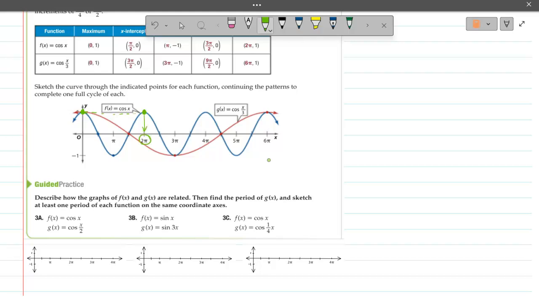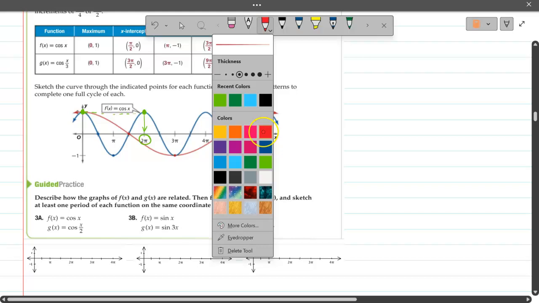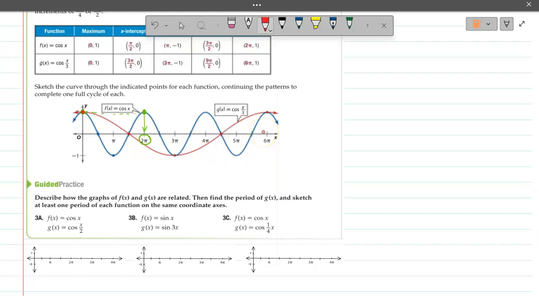So the period of the cosine function is 2 pi, and then it repeats. But the period of cosine of x over 3 is not 2 pi. Notice, if I look at the red one, if I start here, I don't get back to that lane, back up to 1 until here, which means my period is 6 pi for this function.